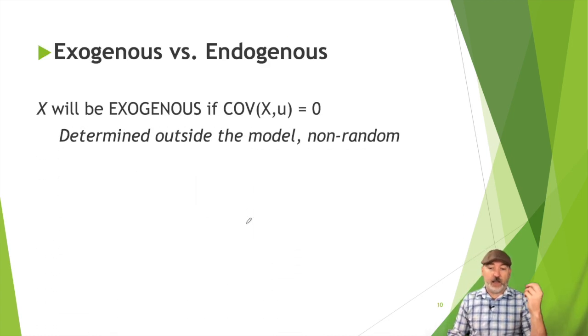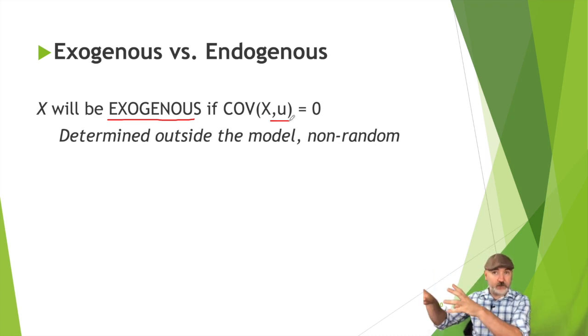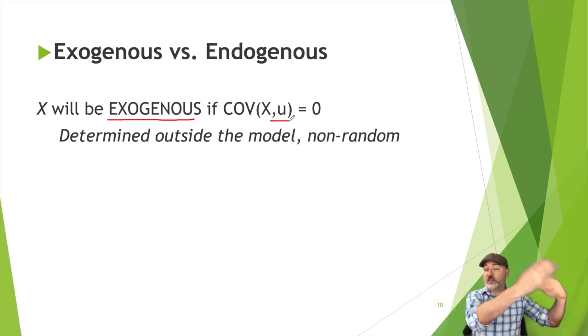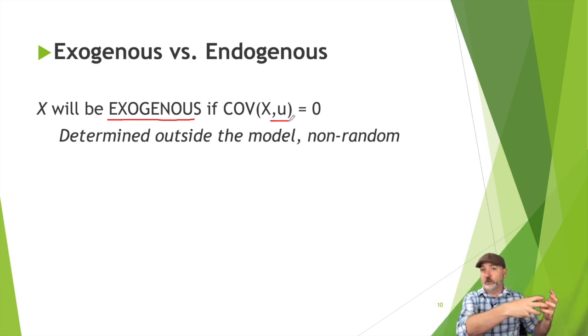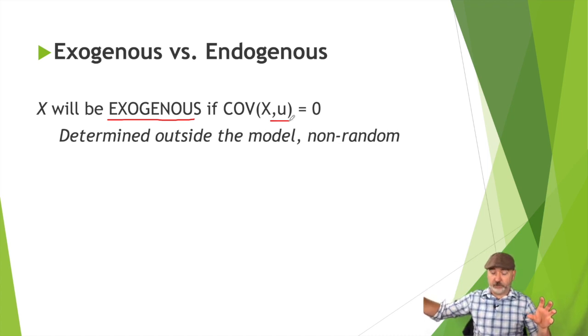And really what we're doing is drawing the distinction very clearly here between exogenous factors and endogenous factors. The assumption that we're making, assumption number 3, can be rephrased succinctly by saying the assumption is that x will be an exogenous variable. It will be uncorrelated with the error term. It's fixed. It's non-random. It's determined outside the model. So whatever randomness is happening to the error term and the y variable, it's not touching the x variable.